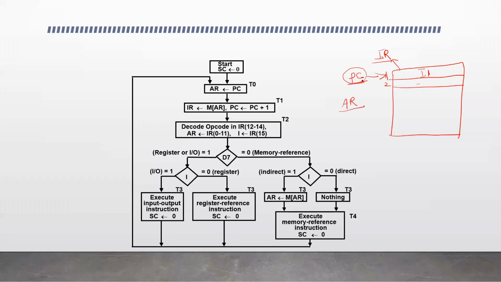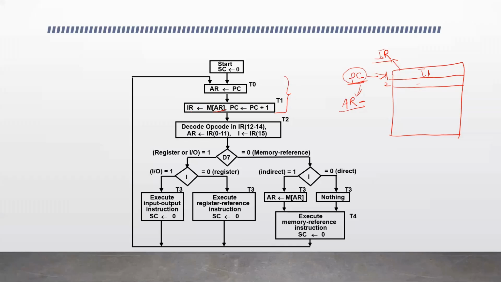So we take the address in PC. The content of this needs to be moved to AR and then locate the instruction in memory at this particular location. These two steps are what is given here: move PC to AR, and the memory word at location AR is moved to instruction register IR.